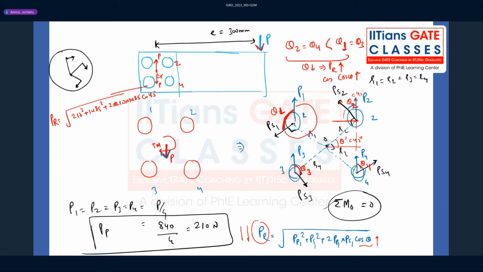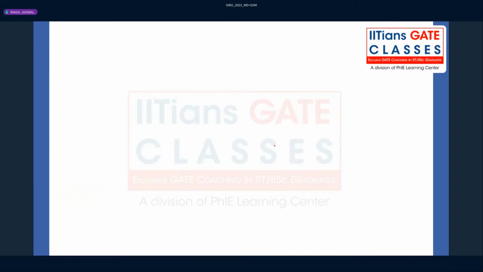Don't calculate like this. Take the smaller included angle, the one that follows the shortest route between these two lines. That means this is the primary force, this is the secondary force, and this will be the included angle theta. Don't take this other included angle, otherwise you will get confused, because here we plotted like this, and you have seen that we have written 2 and 4.